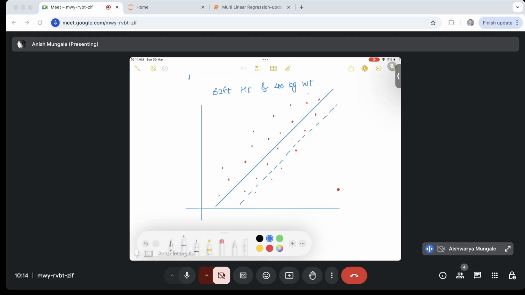Now let's say I added a few more outliers like this, maybe one or two more. Then again it will shift the fit a lot.